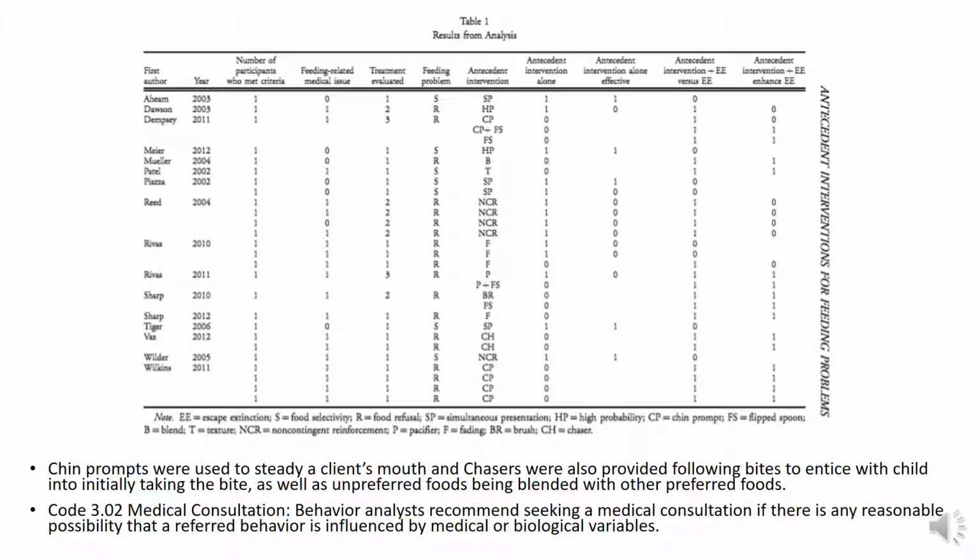Or they even went as far as to blend together the unpreferred or new foods with a blend of their actual preferred foods to either disguise the food itself or to give it a more familiar smell, taste, texture, just to make it a little bit more enticing to help them expand their palate.